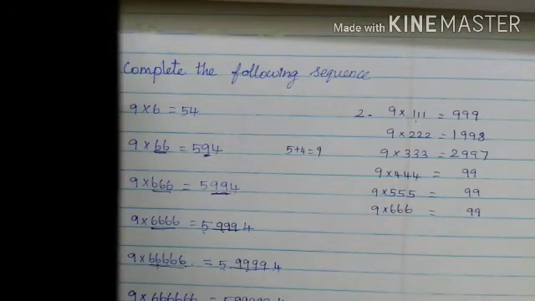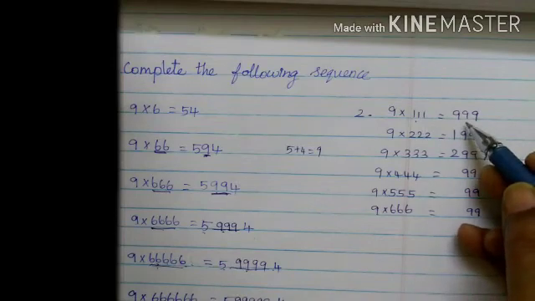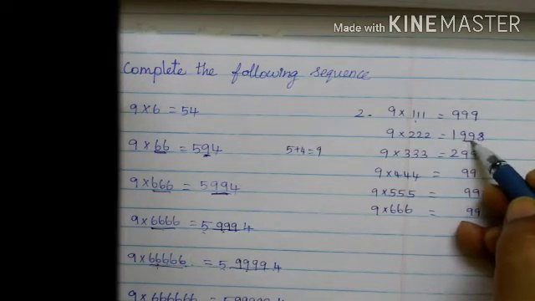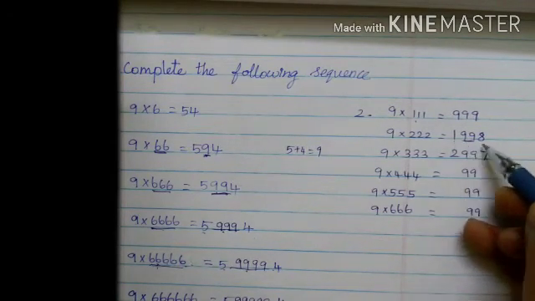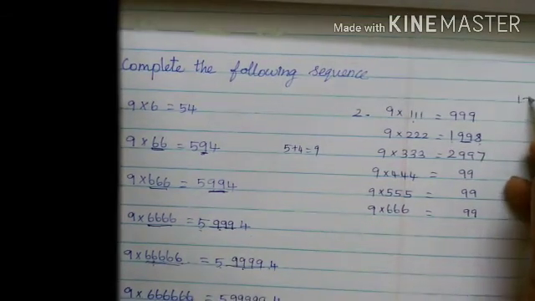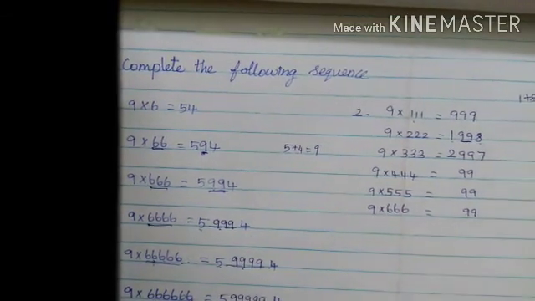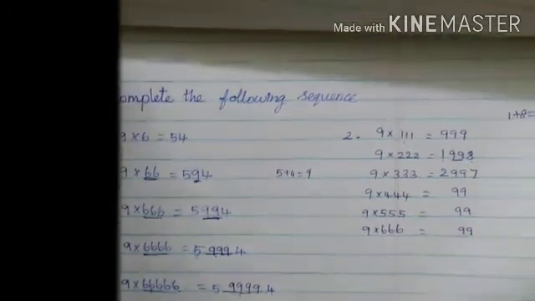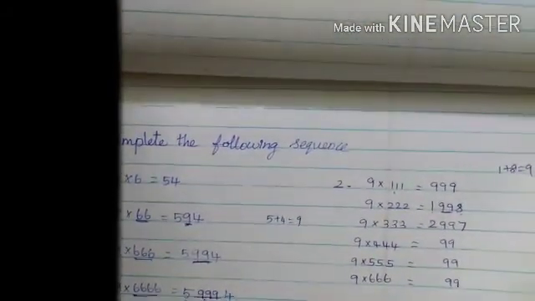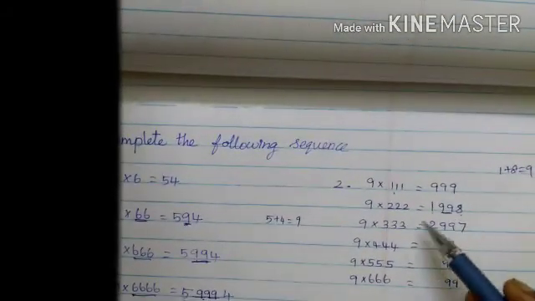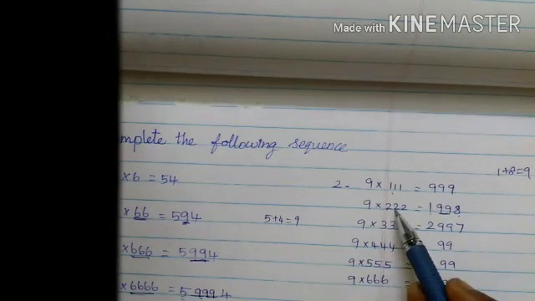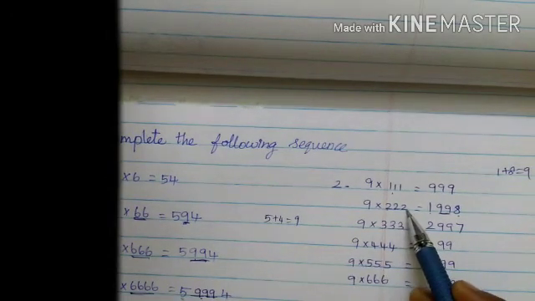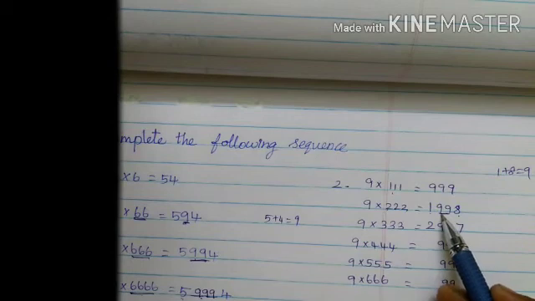So the number is increasing. Here the product for these 2 numbers is 9, but first number and last number is 9. 1 plus 8 equal to 9. So you should write 1, 2, 3 digits.